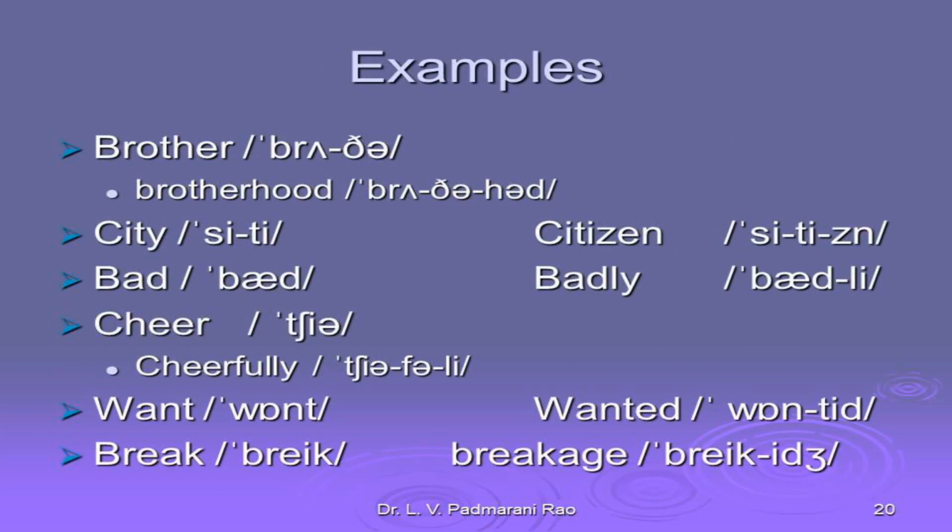Brother, brotherhood. City, citizen. Bad, badly. Cheering, cheerfully, want, wanted, break, breakage. We see that even if these words are pronounced in isolation, or they have either the inflectional suffixes or some of the weaker derivational suffixes, the stress pattern does not change.